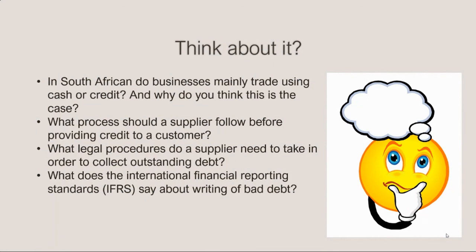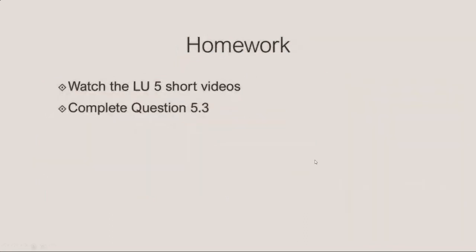But the standard also says that if, maybe 2 or 3 years later, that debtor decides, okay, I wasn't able to pay you at that stage, but I'm going to pay you now, then I have to raise that money I've recovered as income in my books. So that is what the accounting standards specifically say on that.